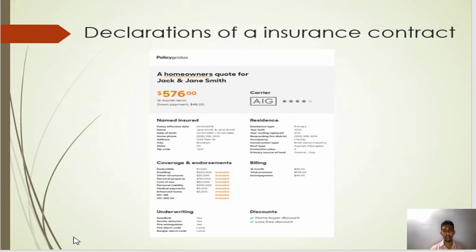You can see information like the name of the insured, the date of birth, the city and the zip codes where they are residing, the coverages and the endorsements, the areas and the values, the financial risk of each amount, the premiums that you are paying, the underwriting values, and so forth. This gives you a clear picture of the insurance policy, and it is a good example to understand the main declarations of an insurance contract.